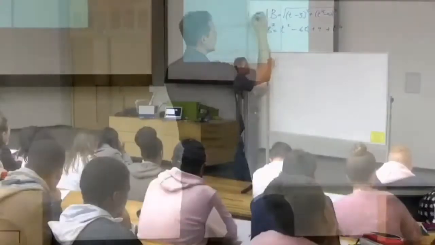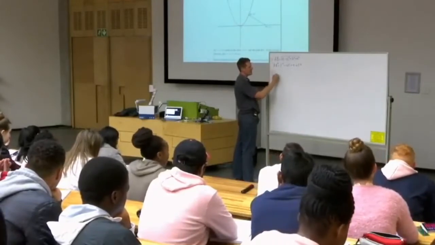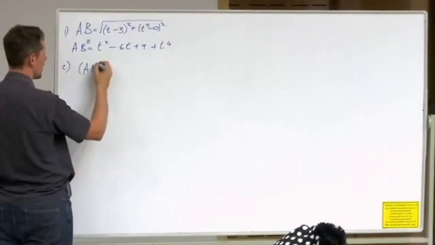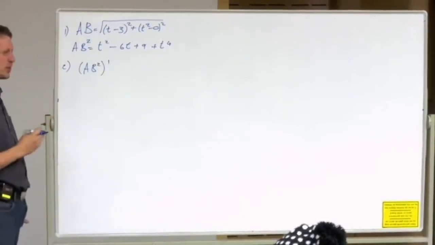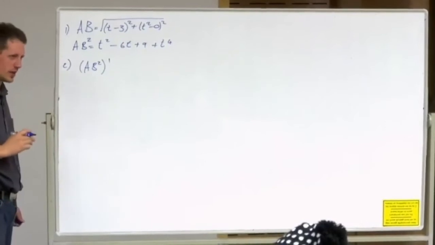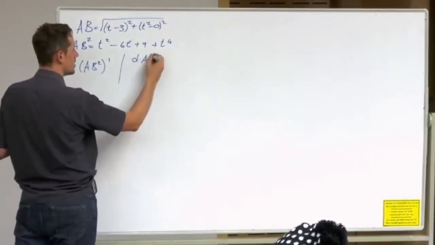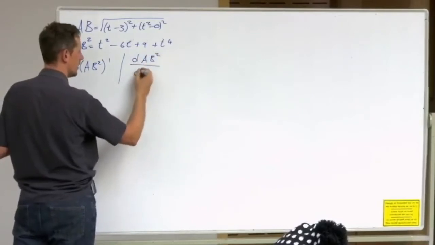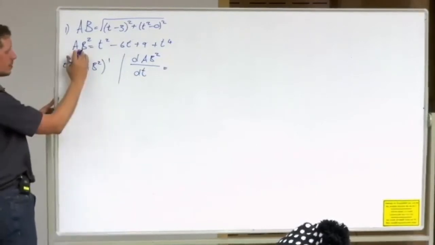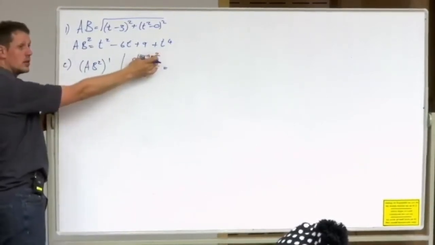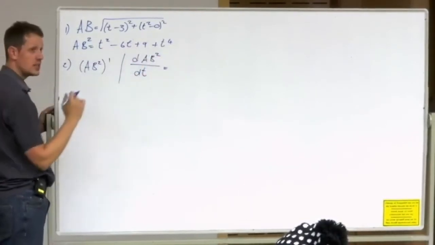But how do I write it? I can write it as AB squared accent. I don't like that because it looks as if it's to the power of 1. So I am rather going to write d(AB squared) over dt, because I'm working with AB squared as my dependent variable and the t as my independent variable.